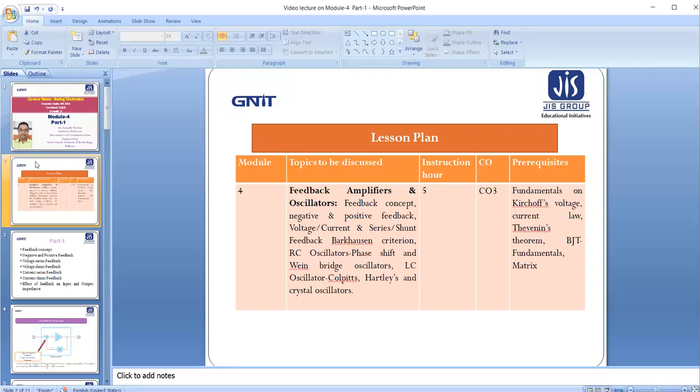the student will be able to analyze the different feedback mechanisms in transistor amplifier circuits. The prerequisites for this module are fundamentals of Kirchhoff's voltage and current laws, Thevenin's theorem, BJT fundamentals and matrices.